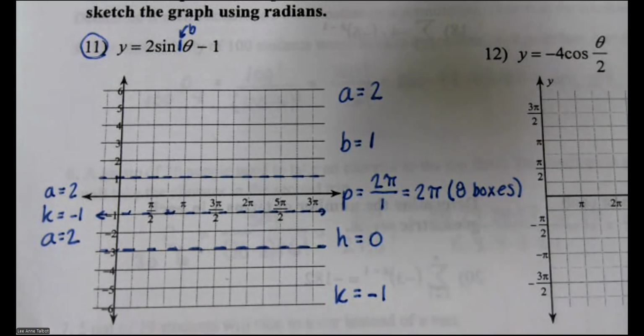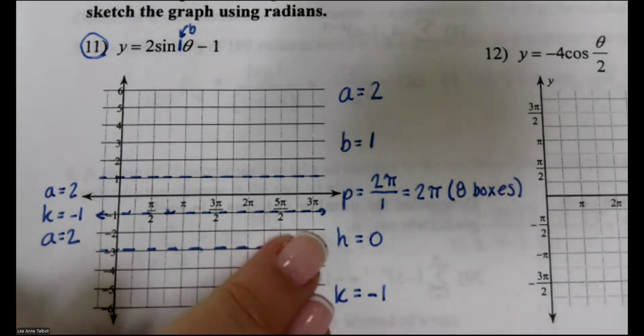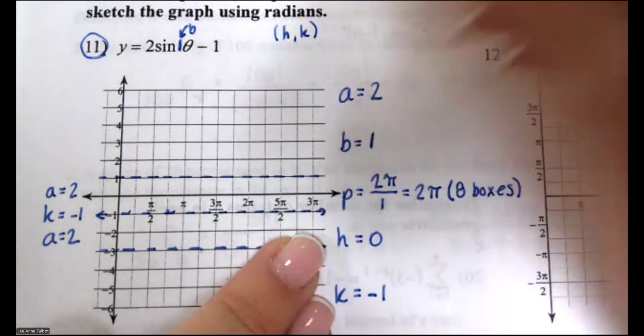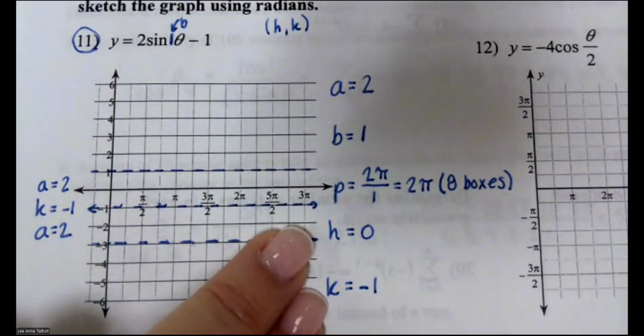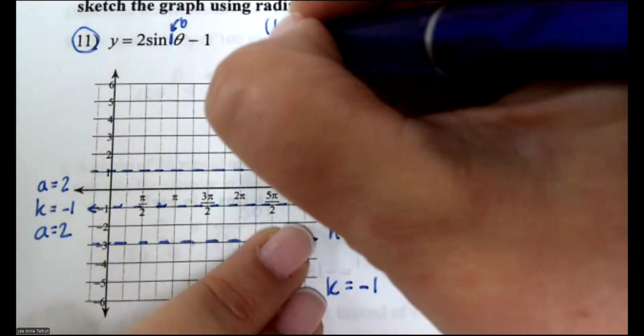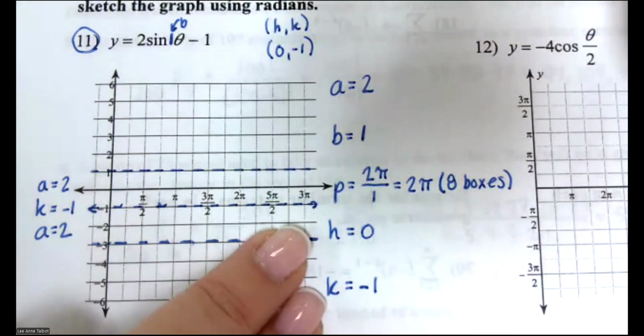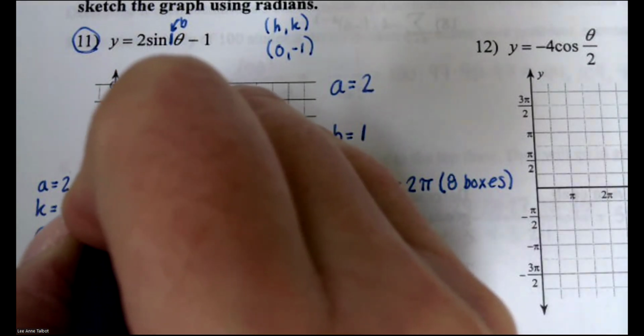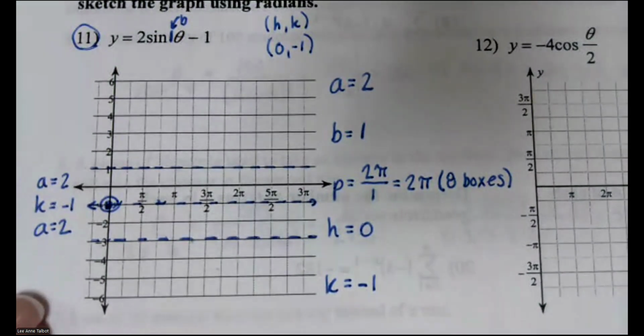Okay. Next step is locator point. For sine, the locator point is HK. What is it for cosine, guys? H comma K plus A. Okay, but we're doing sine, so it's HK, which is 0, -1, dot, circle.